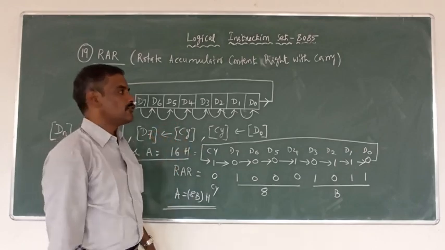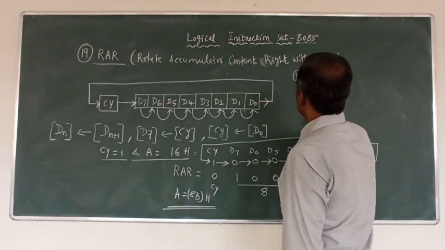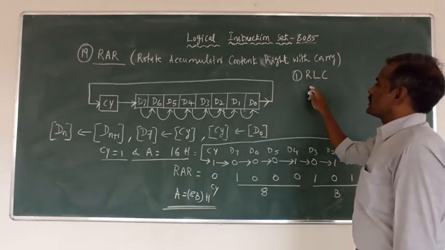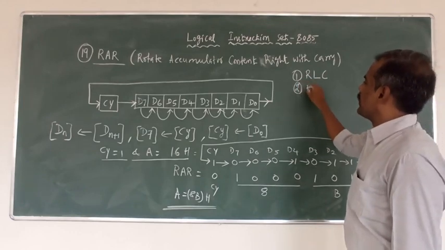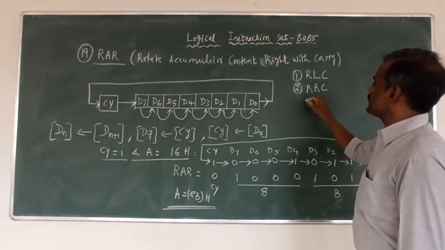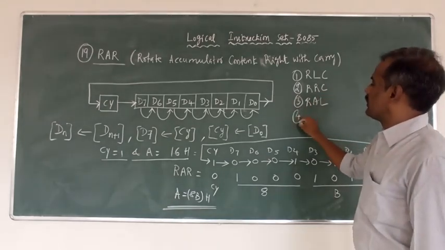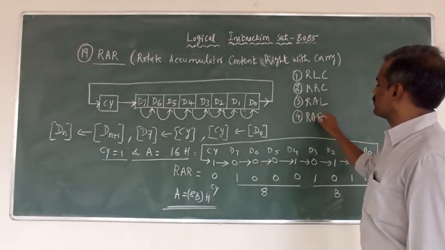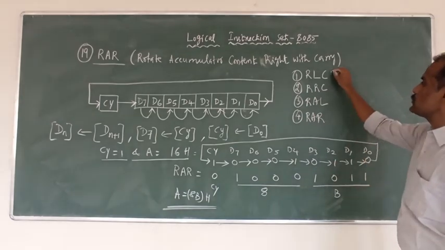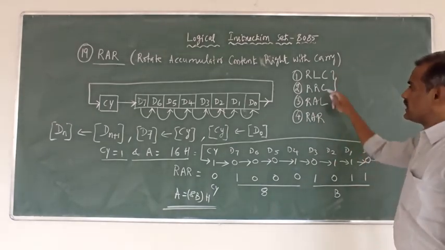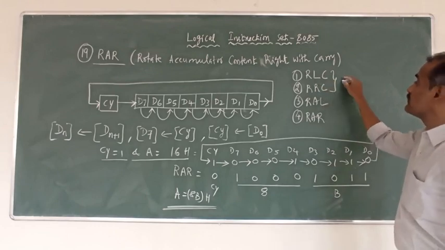There are 4 instructions in rotate: RLC, RRC, RAL, RAR. Okay, these two are for rotate accumulator content left, right without carry.